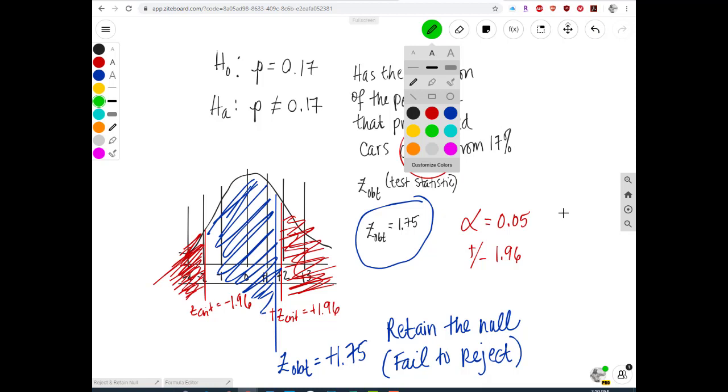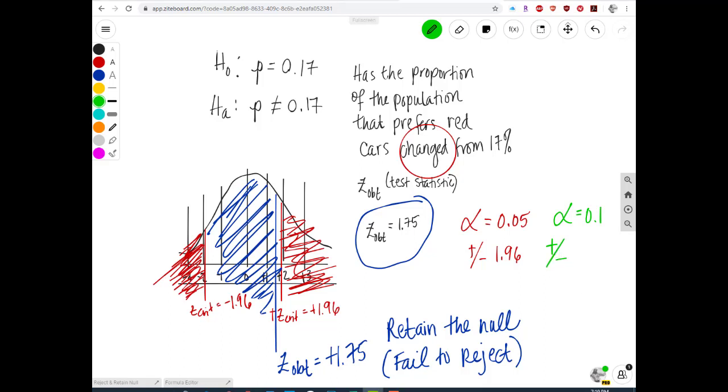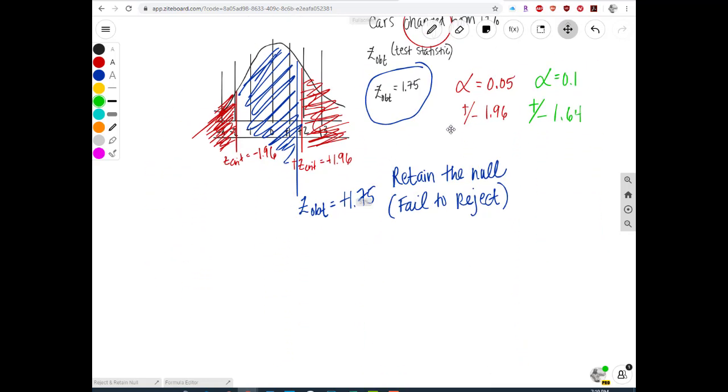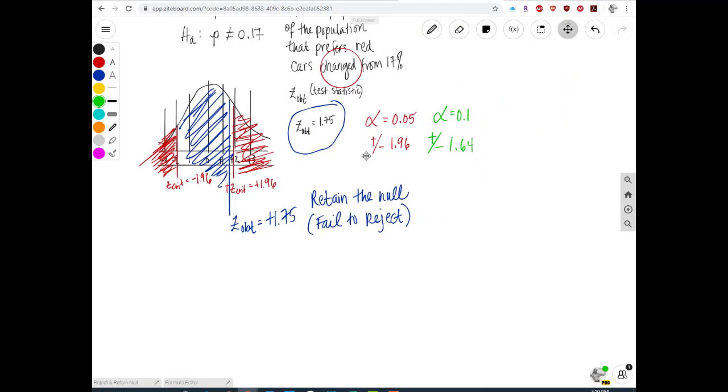Okay, now what if I had another alpha? Let's try an alpha that is greater. Let's go ahead and try an alpha of 0.1. And for an alpha of 0.1, my z-crit is going to be 1.64. So I'm going to make another curve, because this one wasn't my best, but I am only human.